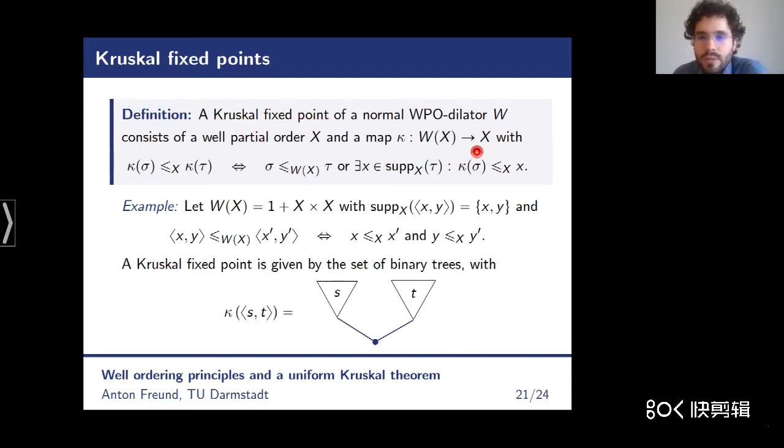And the Kruskal fixed point of such a transformation W is once again a function kappa that goes from W of X to some X, where X is then this Kruskal fixed point, or this recursive data type. And you can see the requirement for such a Kruskal fixed point here. Let me just read it out, and then we'll look at an example that will hopefully make things more clear.